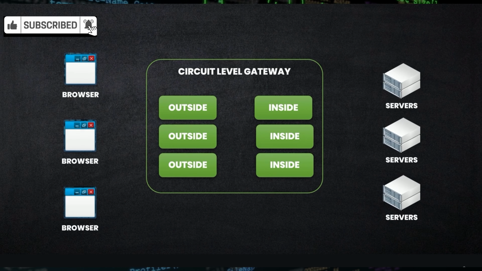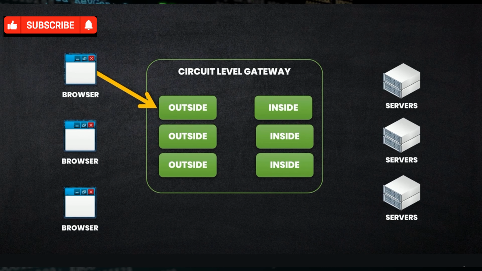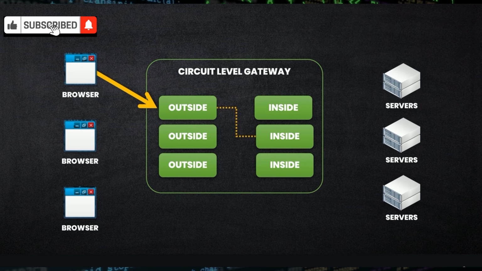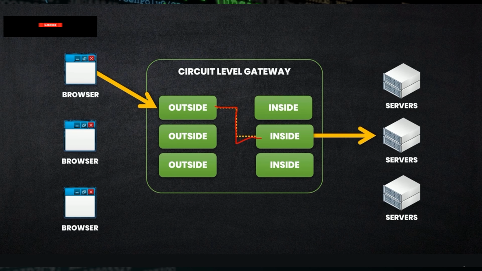And again, all we are tracking at this level is the session and the TCP handshake. That's all we are concerned with. That's why we oftentimes need the application level gateway to manage all of the higher level communication.